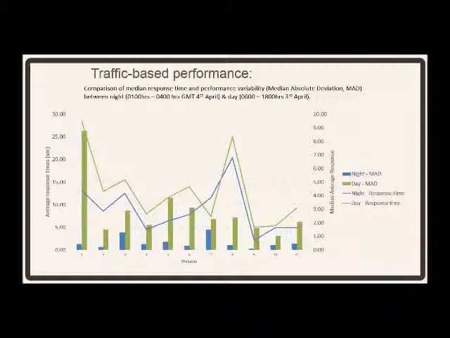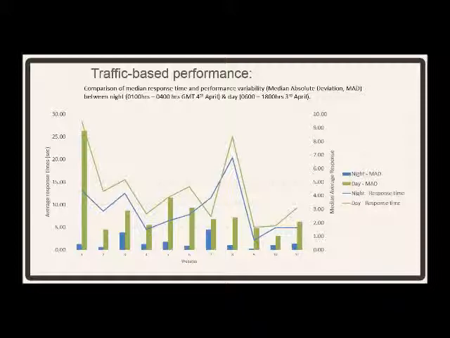So the next thing that we looked at was the effect of traffic per se. So we took two windows, one when we should realistically anticipate traffic to be low, between 1 and 4 a.m. on the 4th of April, and then one between 6 a.m. and 6 p.m. on the 3rd of April, it's the previous day, but actually a busier day in terms of the days we measure.